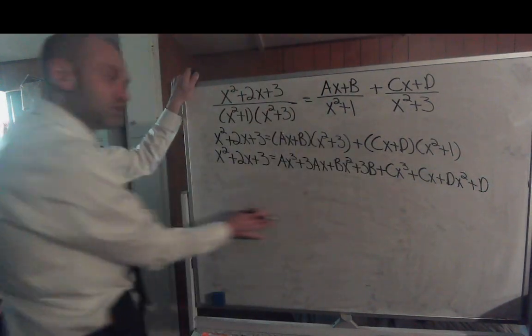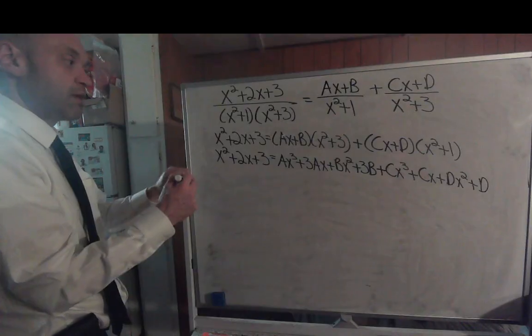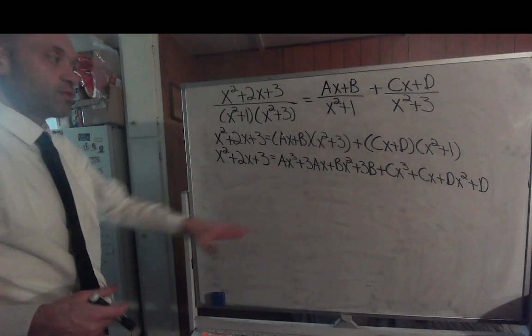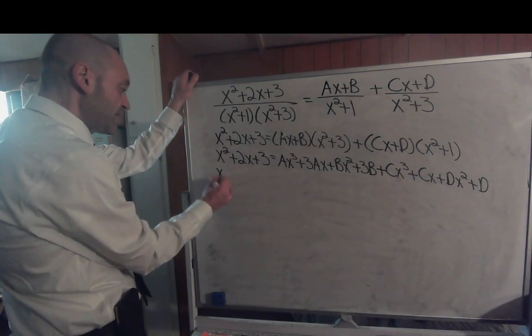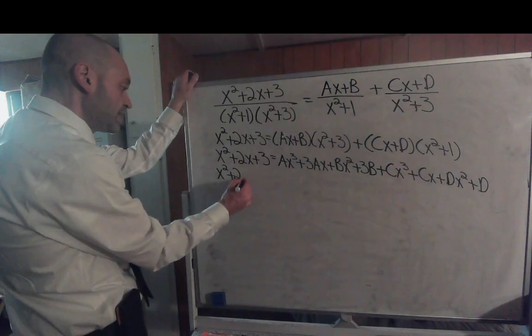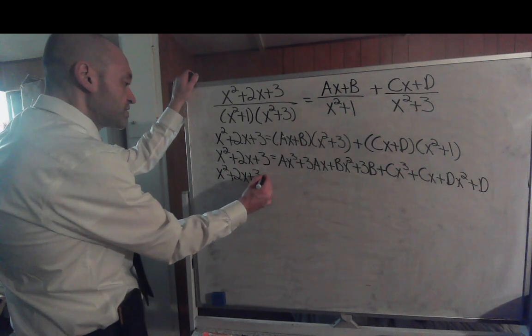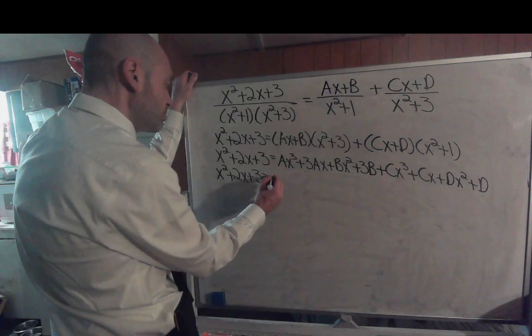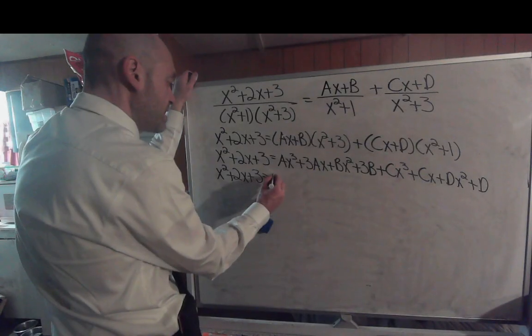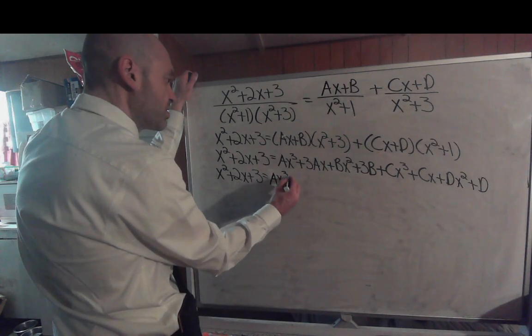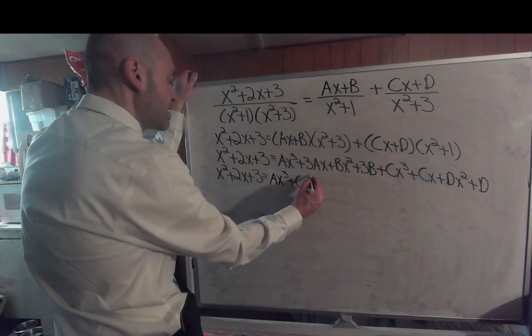So I know that looks rather long, but that's how it works. Now on the right hand side, let's group like terms. So you'll have x squared plus 2x plus 3 is going to equal, let's group your x to the third terms together first. That would end up being ax to the third plus cx to the third.